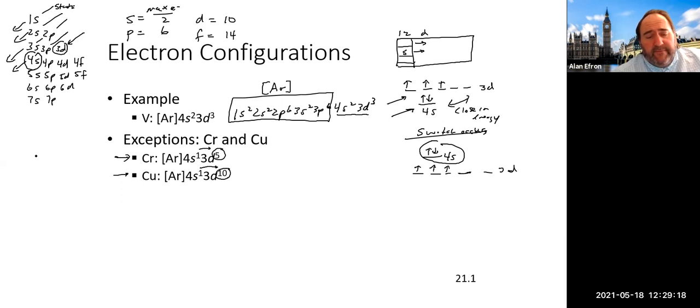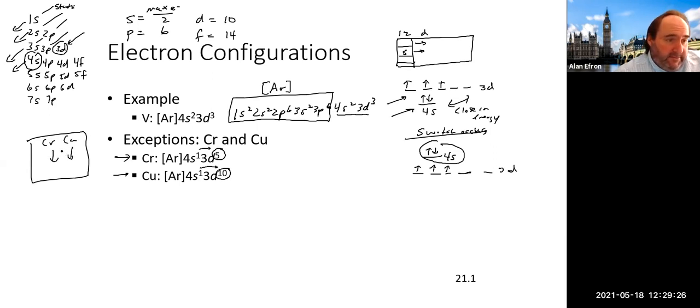You may also know that if you look on the periodic table, below chromium and copper, there are a lot more exceptions to the electron configuration as well, like silver is an exception. There's even some over there, like I think palladium and others, that have no electrons in the s orbitals. They've all been promoted upwards.